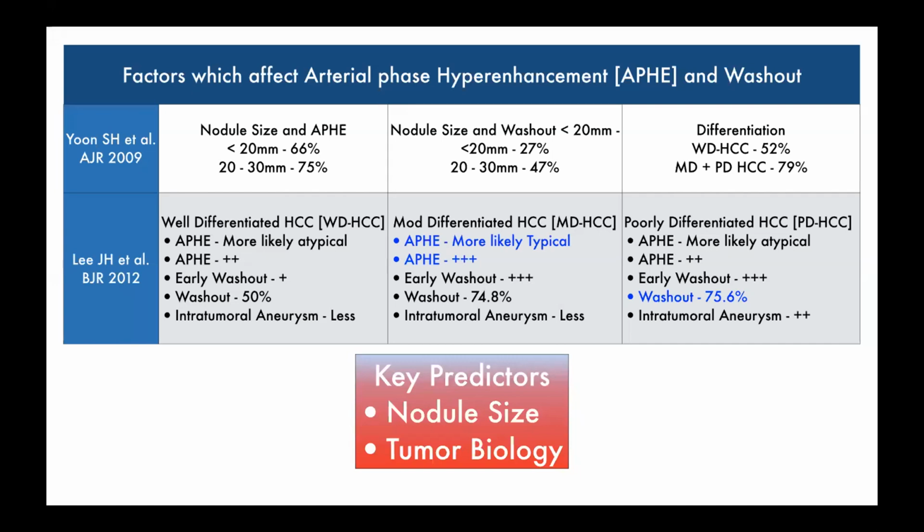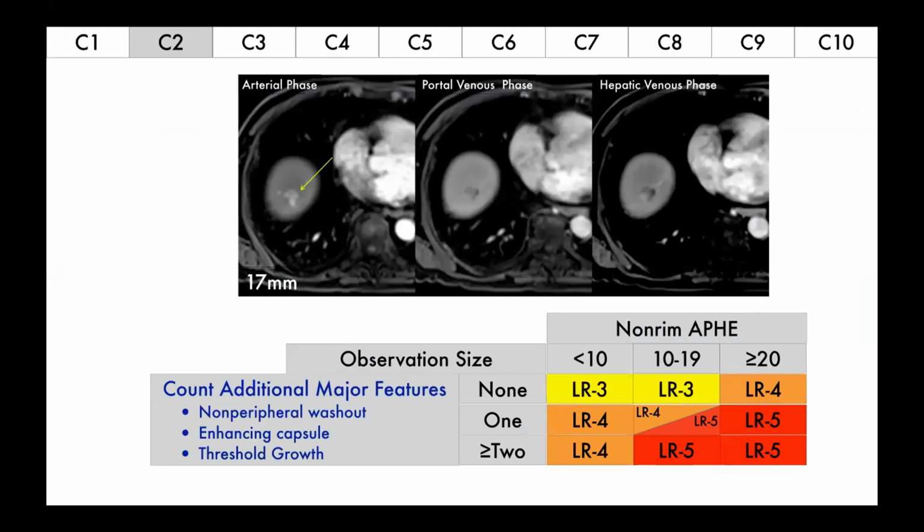Please remember, moderately differentiated and small tumors tend to enhance voraciously. In poorly differentiated tumors with large amounts of ischemia as well as necrosis, the periphery of these observations tends to wash out more robustly as compared to well-differentiated HCCs. So the first case highlights how you would see a classic.